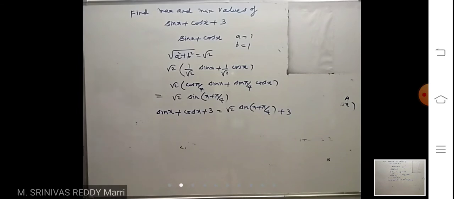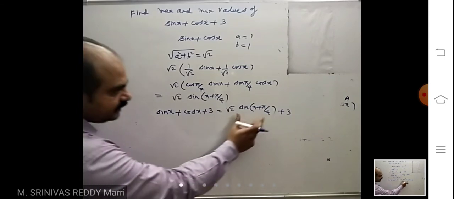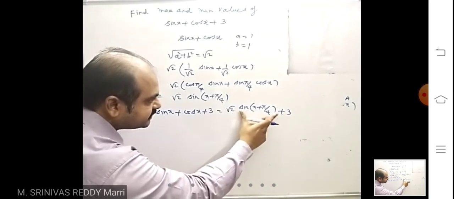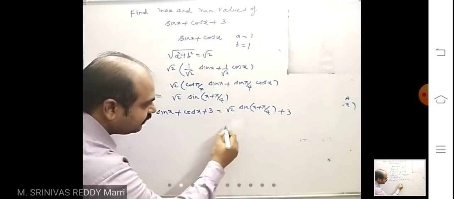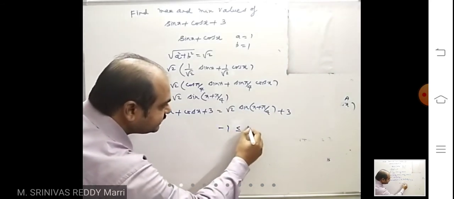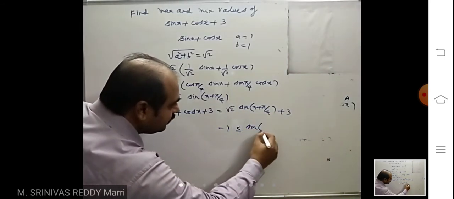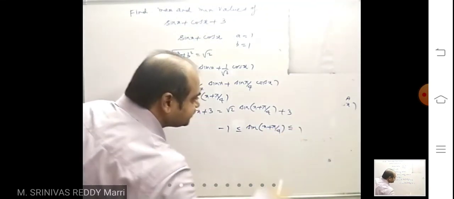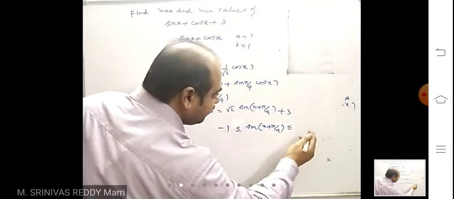Now what I am doing is finding the maximum and minimum values of this expression. I know that sin lies between minus 1 and 1. Sin will always lie between minus 1 and 1.